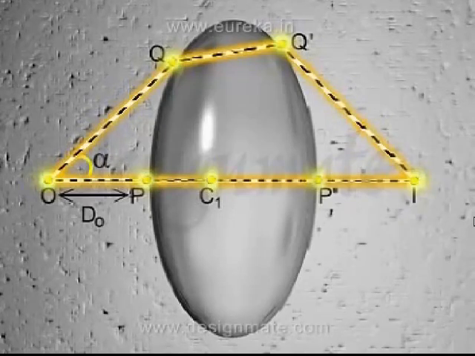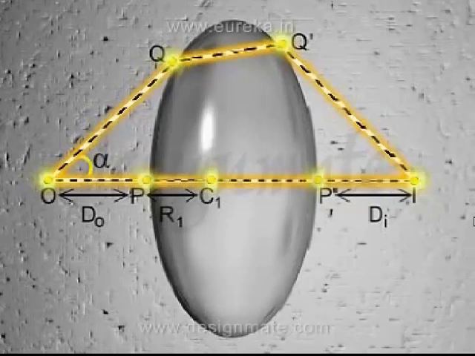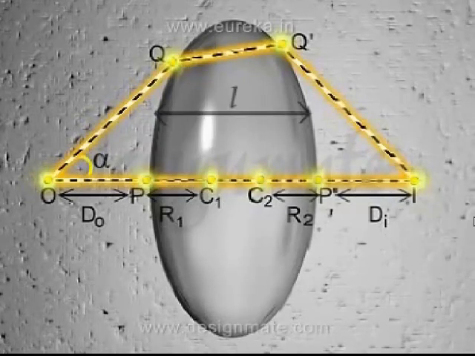The virtual image distance P'I is equal to DI. Radius of curvature of two surfaces of the lens are C1 P is equal to R1 and C2 P' is equal to R2, and thickness of the lens PP' is equal to L.